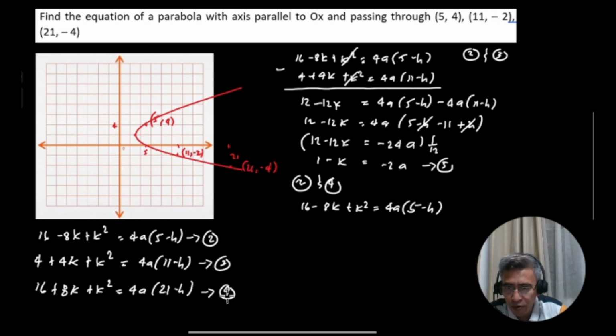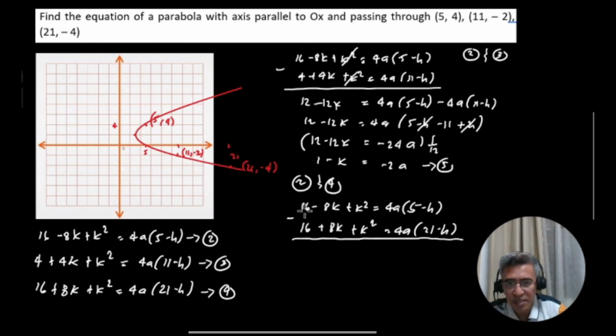And equation 4 is 16 plus 8k plus k squared is equal to 4a times (21 minus h). And also we subtract. So 16 minus 16 is 0. Negative 8k minus positive 8k, that's negative 16k. K squared minus k squared, that's 0.